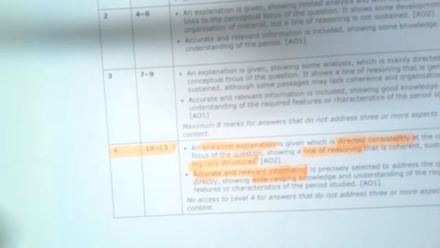And it is wide-ranging. So what they mean by that, the wide-ranging bit, nice and easy, is that you are using 3 paragraphs. So this is why we tell you to write 3 paragraphs, because paragraph 1 is your bullet point 1, paragraph 2 includes bullet point 2, and paragraph 3 is something of your own knowledge.